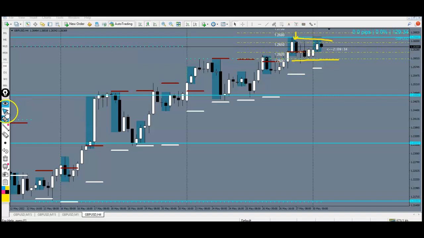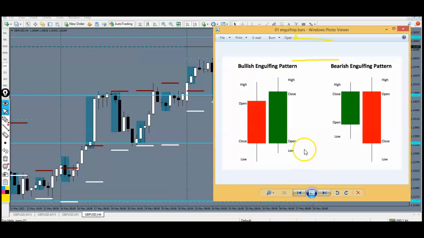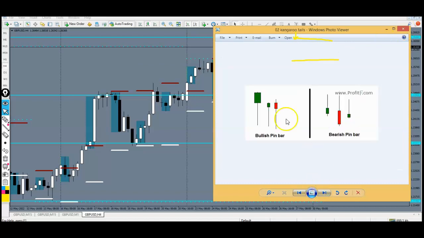Let's just remind ourselves again of those types of candles that we were interested in. This is a bearish engulfing candle. This is a bullish engulfing pattern where you have a previous candle being engulfed by the next candle. So this is a nice engulfing candle. This is a bearish engulfing candle. I'm just interested in the bodies of the candle. The other setup that we also look for is what they call pin bars.